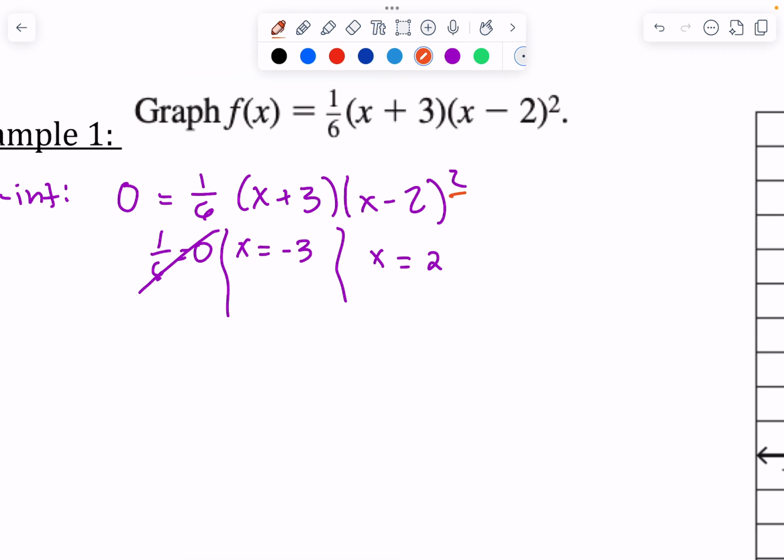Notice that one factor is being raised to a power of 2, which means we have a repeated solution here. If you remember from the previous lessons, if you have a solution that's repeating an even number of times, that's going to cause the function to bump at that point.